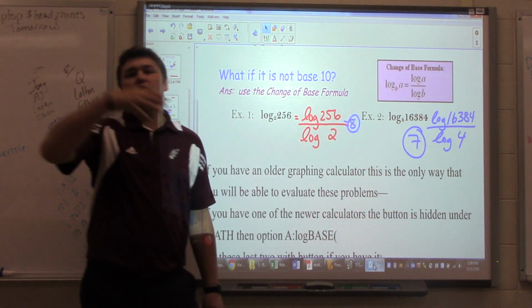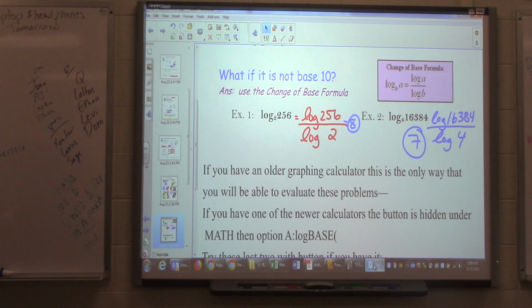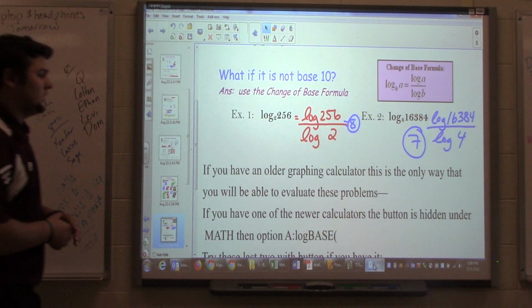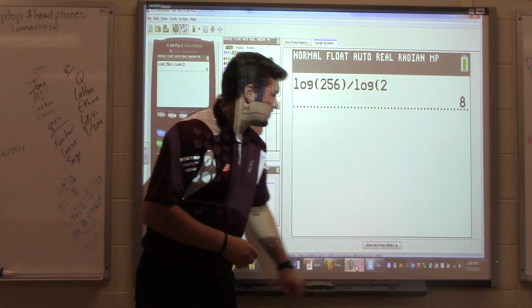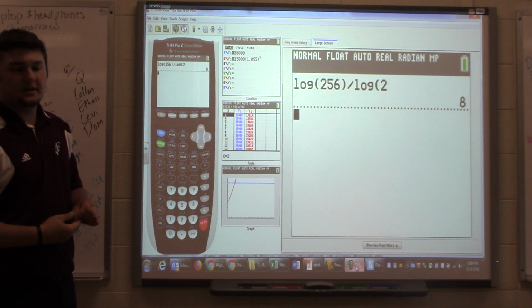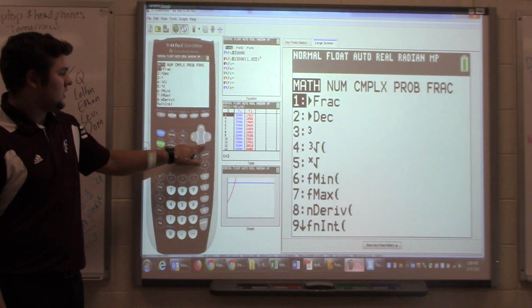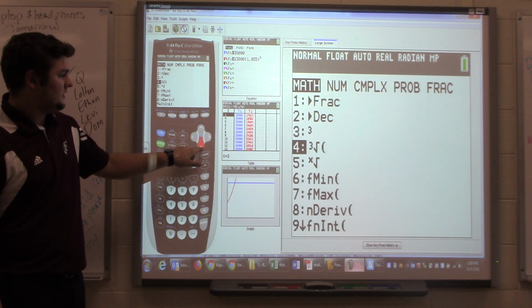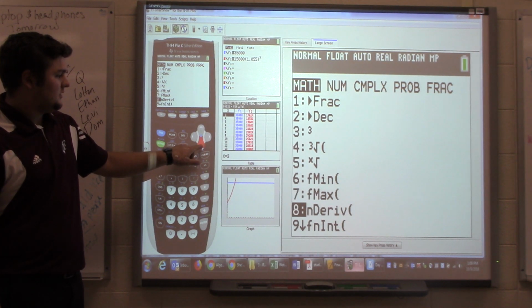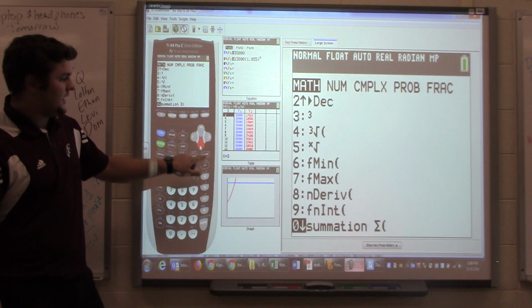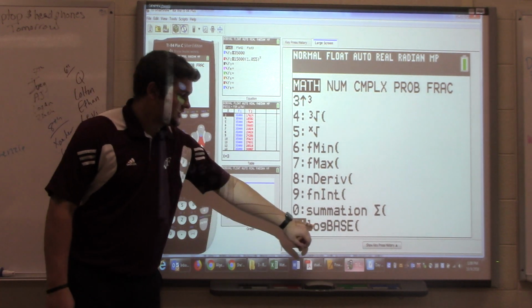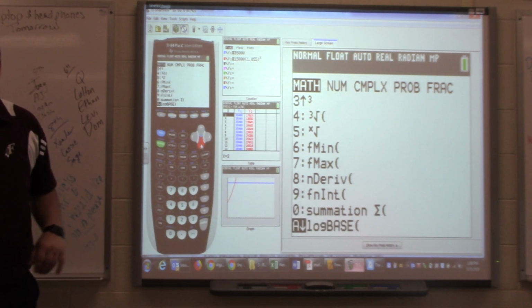Awesome. If you have a newer calculator and you don't want to do the change of base formula, go to your calculator, hit the math button, and go all the way down. Your A option should say log base with a parenthesis.